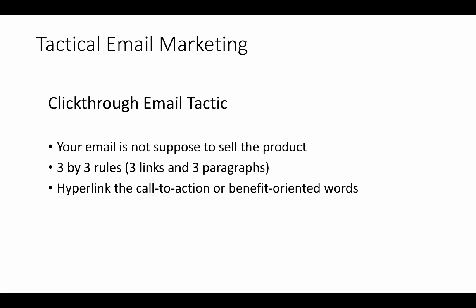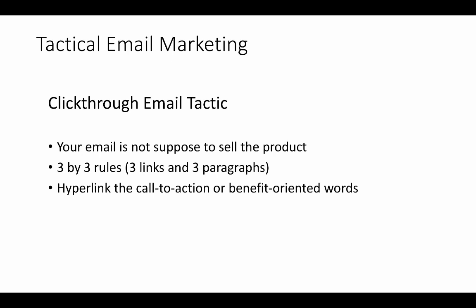Again, that would be a bad example because you should never have the text called order now in your email in the first place, because then you are violating the first rule. Your email is not supposed to sell the product. Okay? So let's say you have a text that says click here now. What you can do is hyperlink the text click here now to go to the offer page.